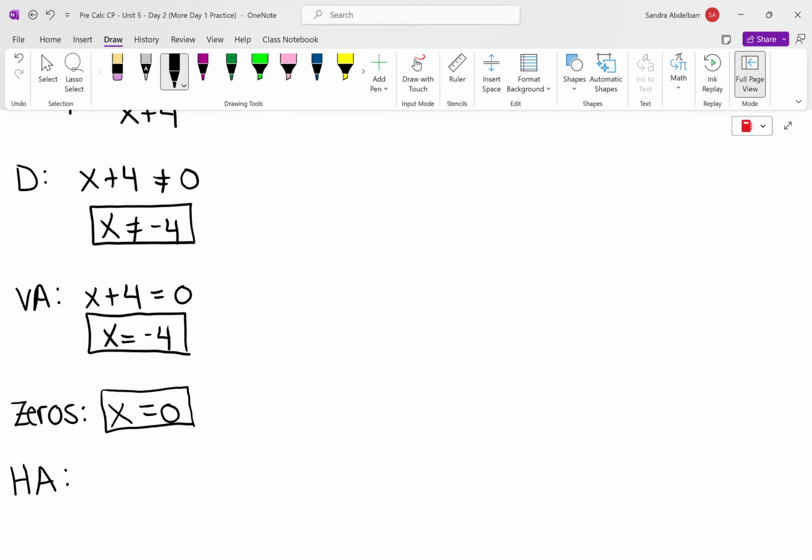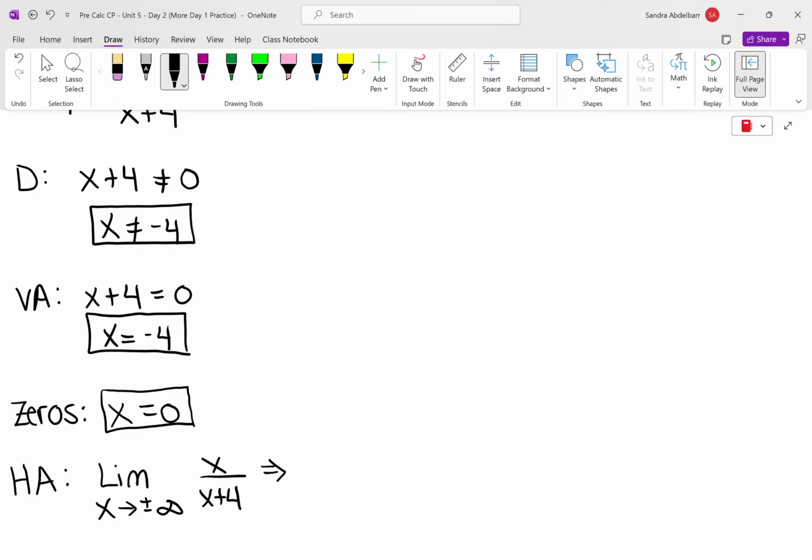How do we find the horizontal asymptote? The limit. We're going to take the limit as x approaches what? Yep, plus or minus infinity, of the whole function.